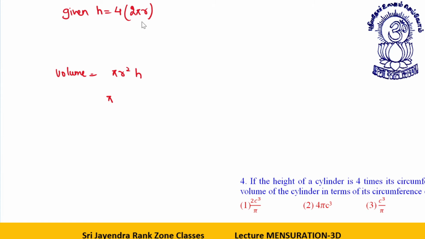From here I gather r is equal to h upon 8 pi. But dear students, here the value of circumference C is given. So let it be like this also. We don't need to take all this, sorry. This is given to you.